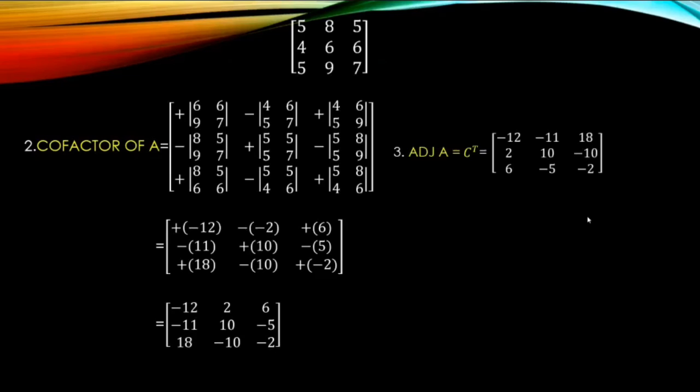With all the information we got before, we can find the inverse of A. The inverse of A is determined by multiplying 1 over the determinant with adjoint A. So, negative 1 over 14 with adjoint A, multiply each of them, and then we will get A inverse equal to this.